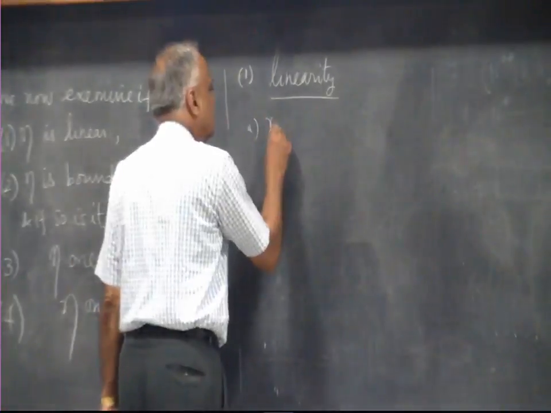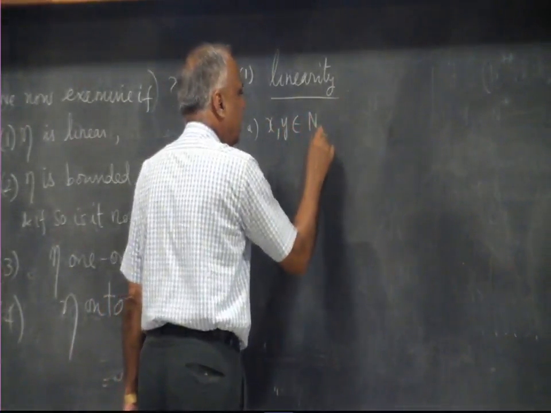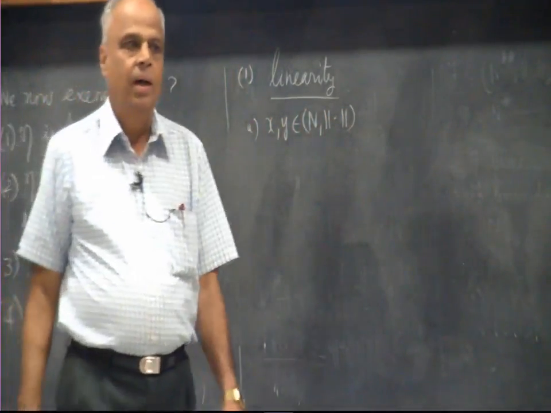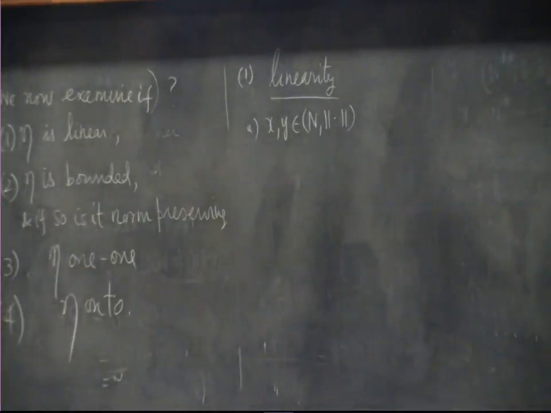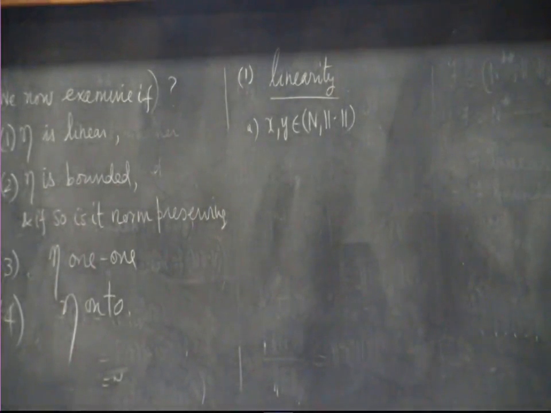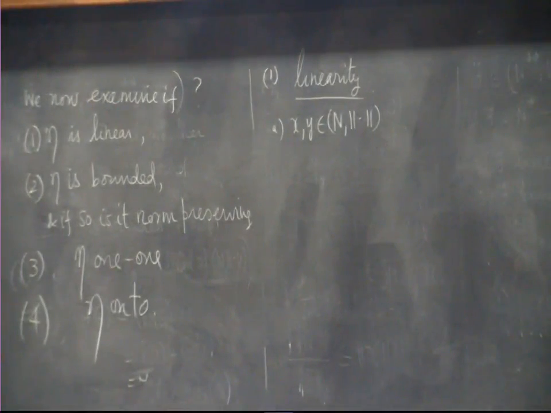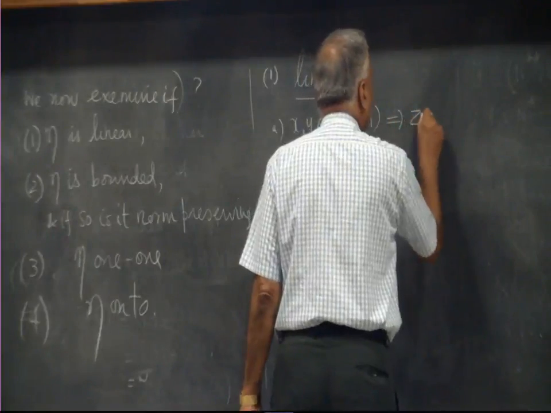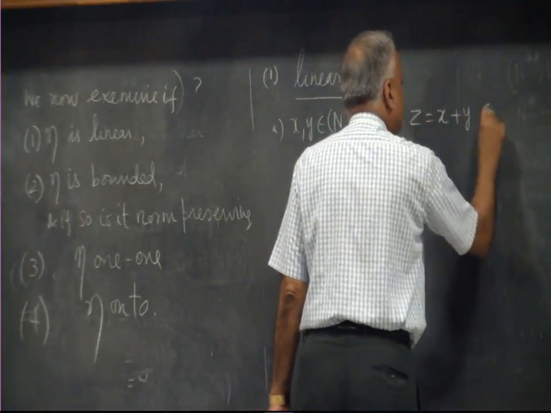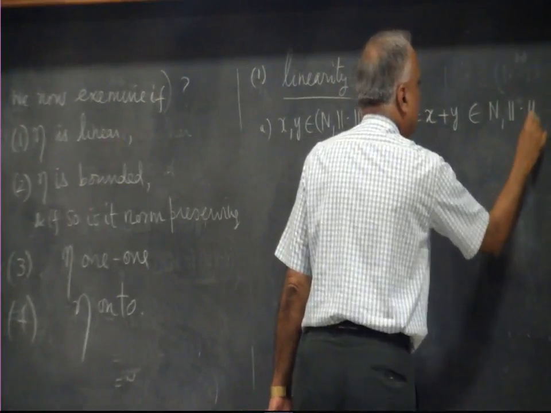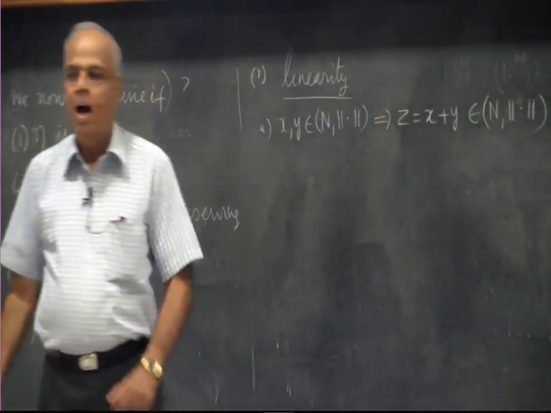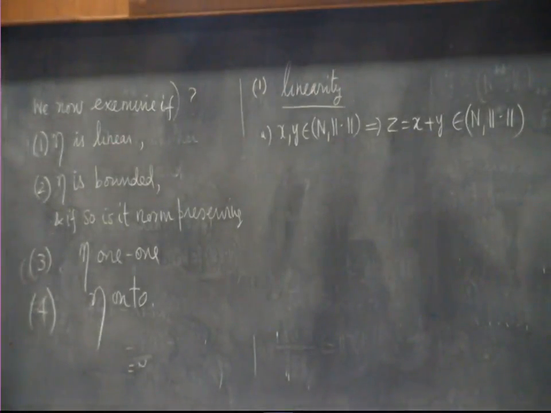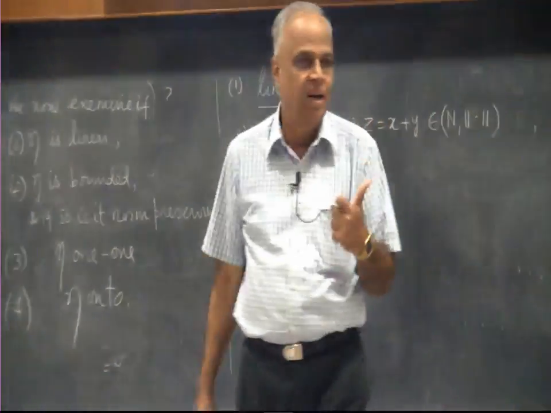So x, y belongs to n, right? What can I say about x plus y? That also belongs to n, because n is a vector space. So z equal to x plus y also belongs to this, and eta creates a shadow for every fellow, and therefore eta creates a shadow for z.